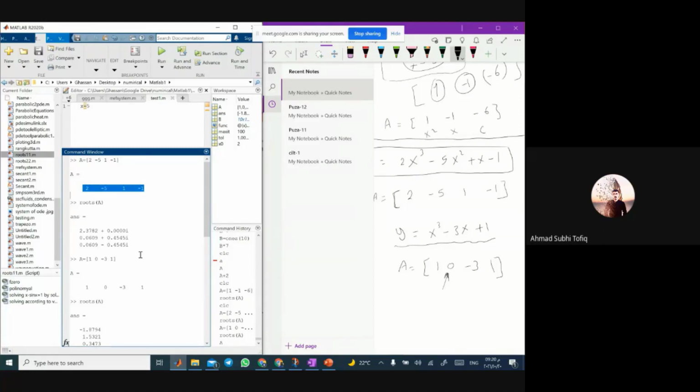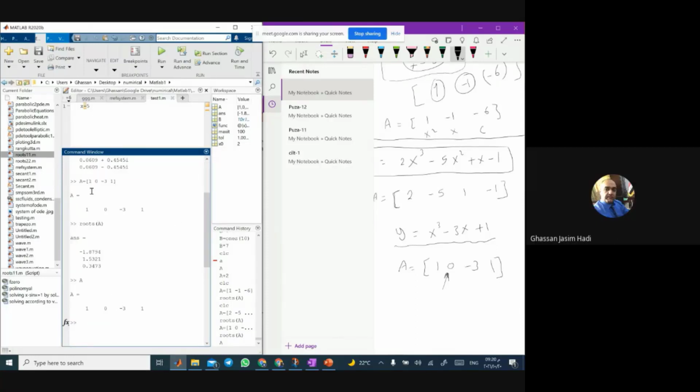The last A we defined is 1. Because he takes the last number we put. If I say here A equal 3 or 5, for example, he will take A as 5. He will delete the earlier values. Just tell him A, he will give you A equal 5.